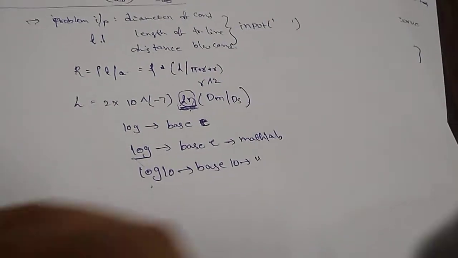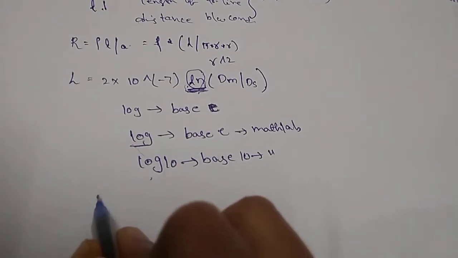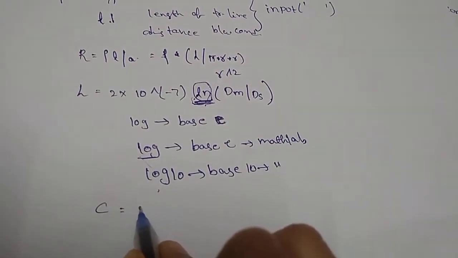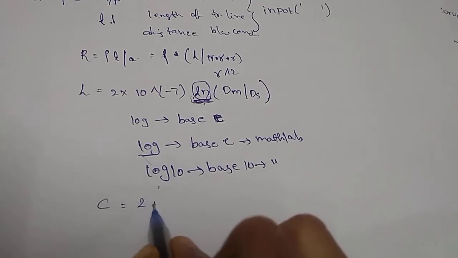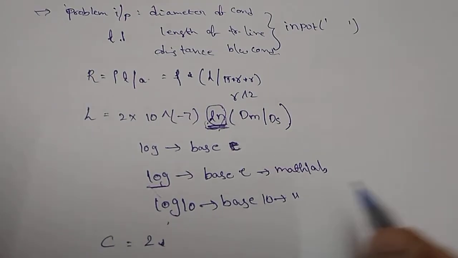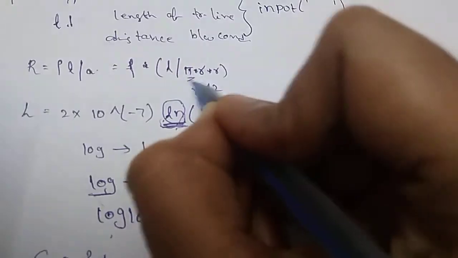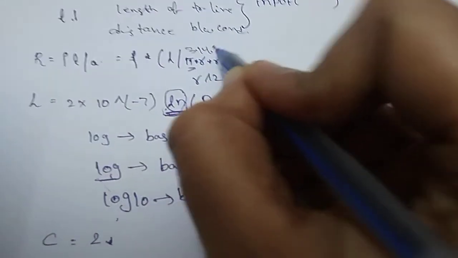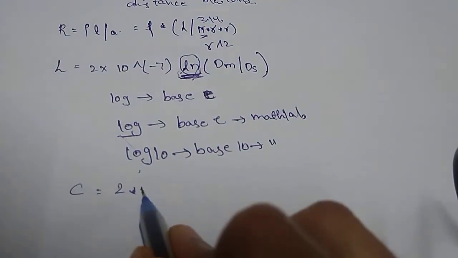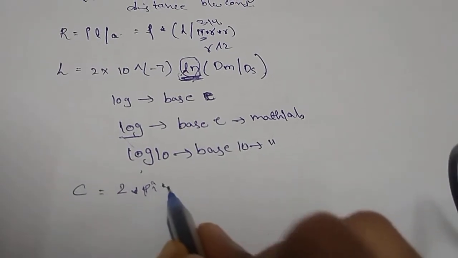Again, substitute in C. Sorry, place the capacitance value. 2 pi, for pi you can write 3.14 or you can write the small pi. Both are valid.